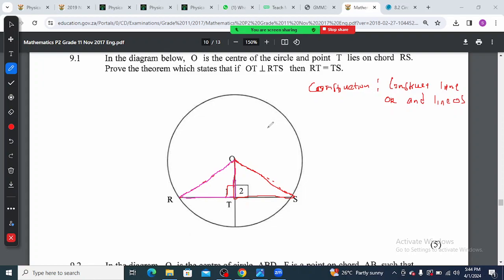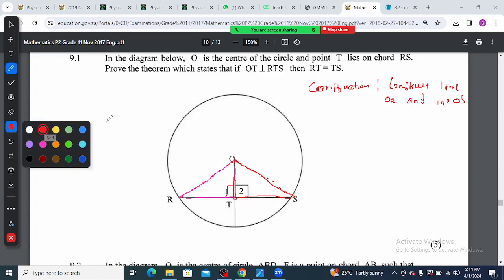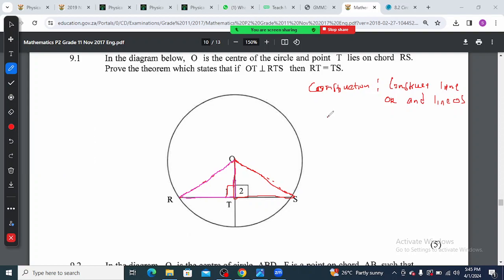Now you have to specify that you are talking about two triangles, and write it down like this: in triangle OTR. You need to be consistent in how you name your triangles. I call this one OTR, and the second one I will call OTS.